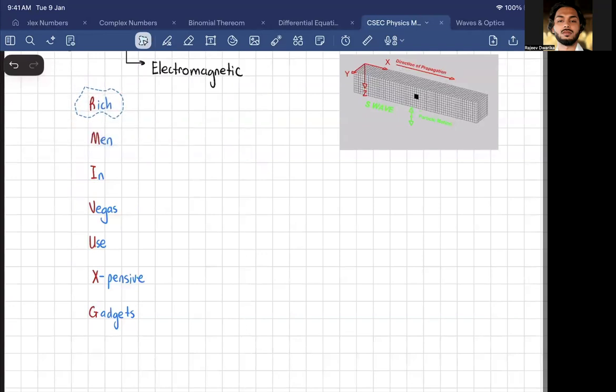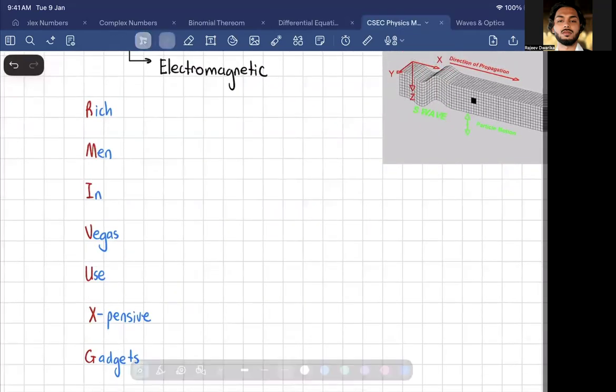Do you learn it like this or not? To remember the different types of waves? This is not mine. I got this from my teacher. I don't claim that this is mine. So, rich men in Vegas use expensive gadgets.